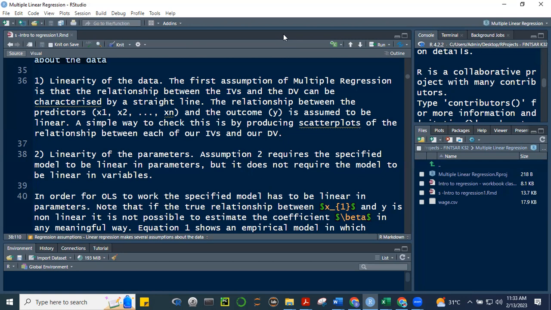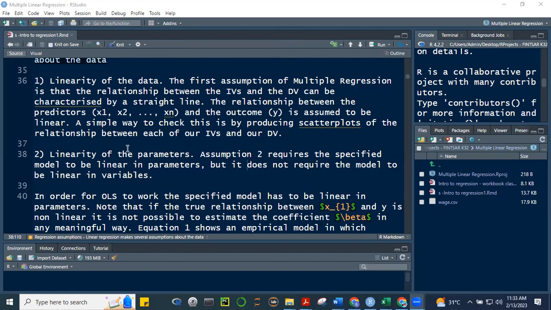Then you will have to use other types of model in order to establish a relationship between your y and your x. Clear, class? Kindly chat, please, if that first assumption is clear. All right, thank you. Okay, good. Thank you for the feedback.